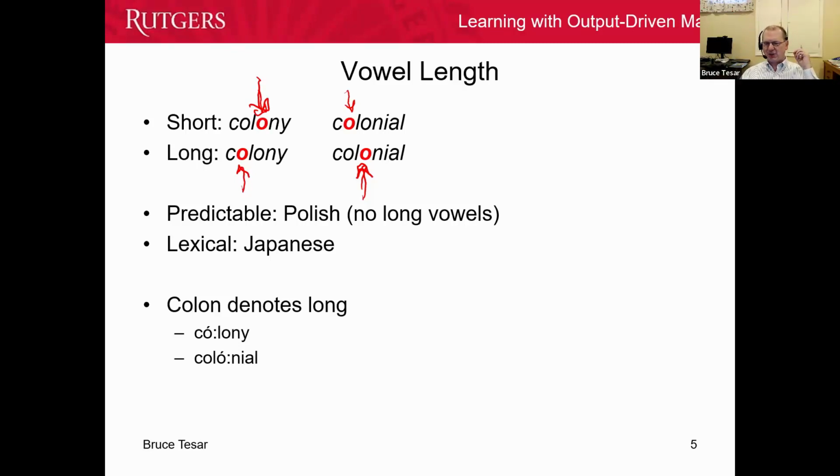There are others that go so far as to use it lexically to distinguish one thing from another, like Japanese, where vowel length could be the one thing that distinguishes one word from another, whether a particular vowel is held long or short. In terms of notation, I'll be using a colon to denote a long vowel. So in this case, if we take colony, I'll be showing that that vowel is long and the second vowel without the colon on it is short.